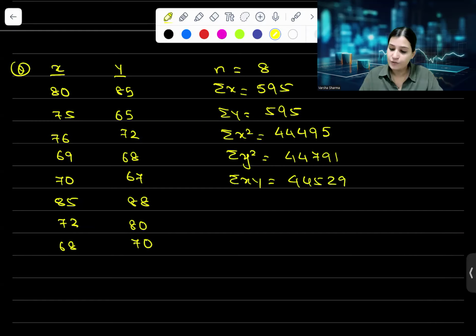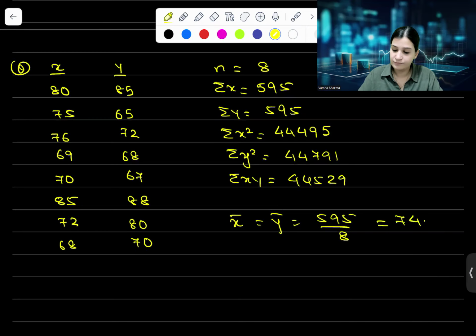Now, first calculate mean of x and y. They will be the same only. 595 by 8: 74.375. Okay.